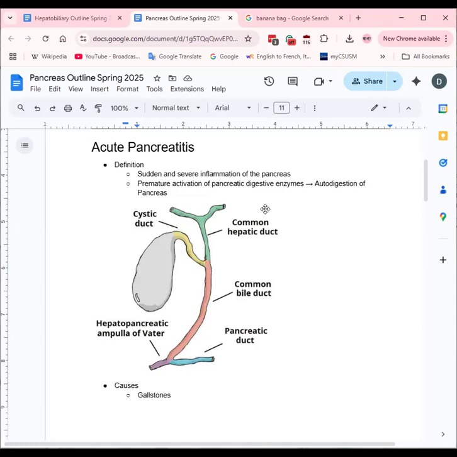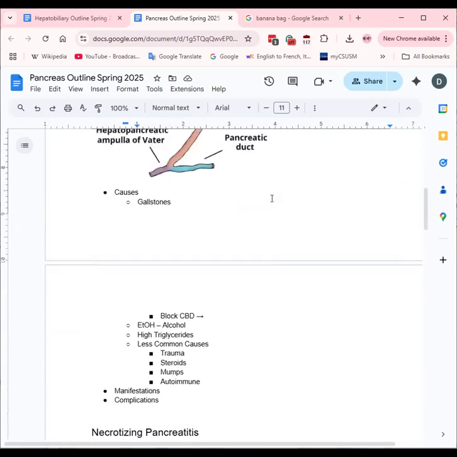Your pancreas is essentially eating itself in this scenario, which obviously we do not like. That's going to be the main thing causing issues with pancreatitis: that autodigestion, auto meaning self, digestion meaning breakdown of.